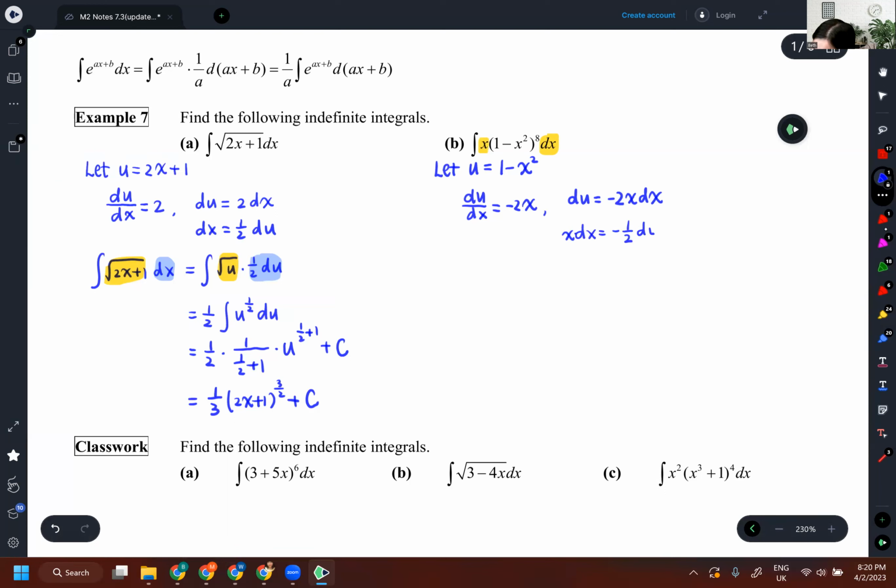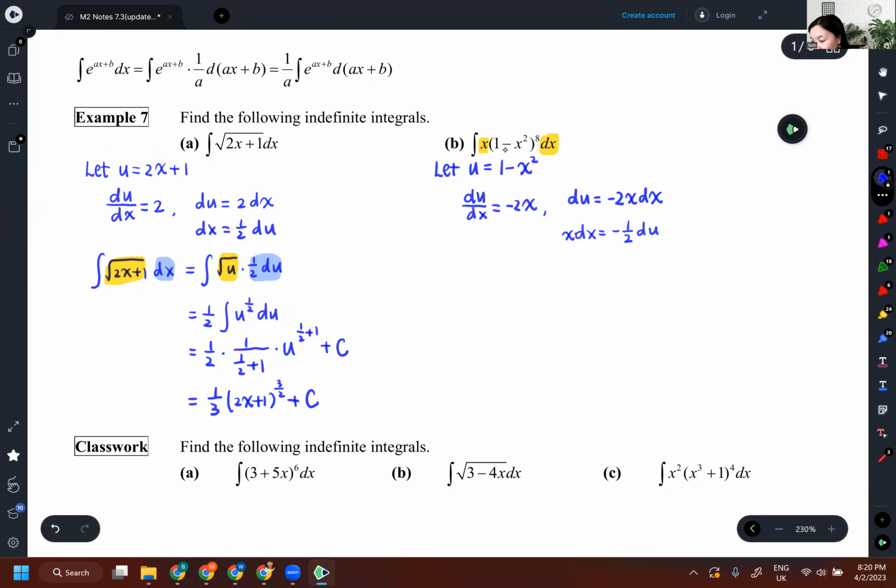You see? It works out perfectly when I change 1 minus x squared to u, and when I have to deal with x times dx, it just works out so perfectly that x times dx is equal to negative 1 over 2 du. So in my next step, I would get rid of all the x, and I will only have u left.